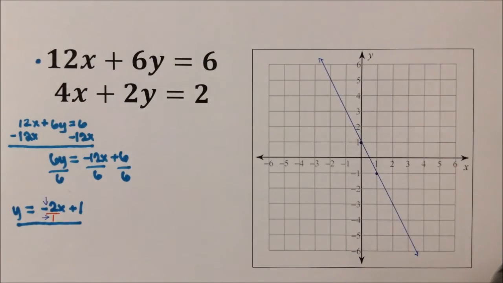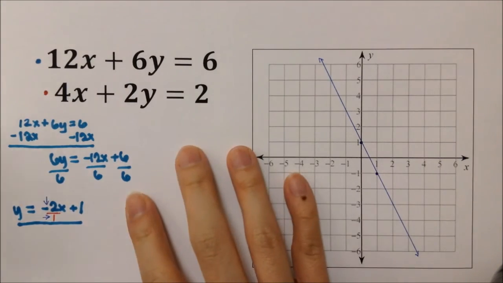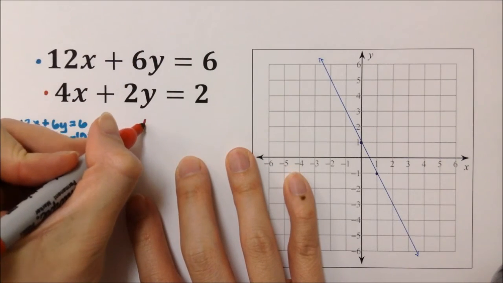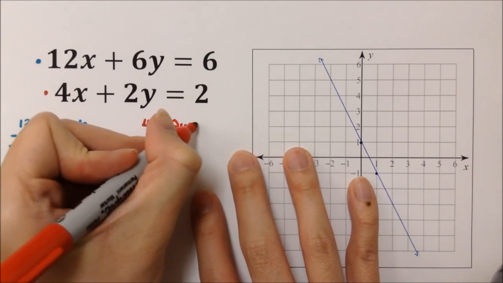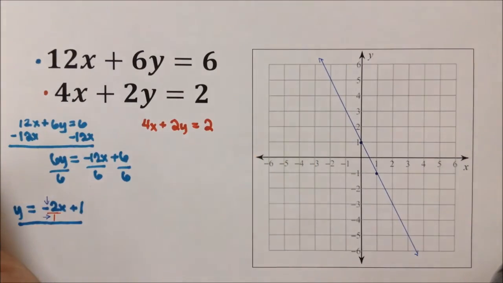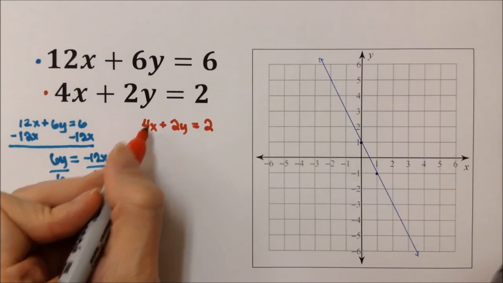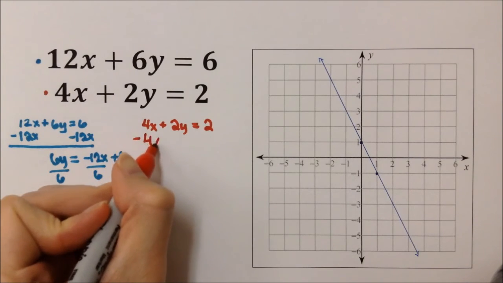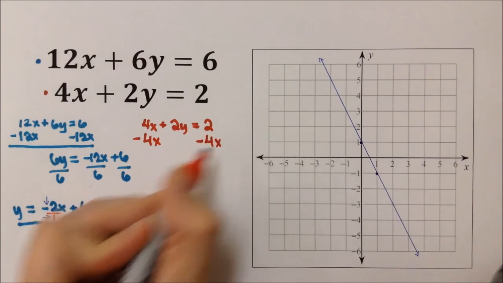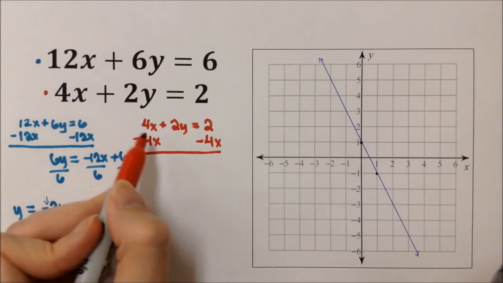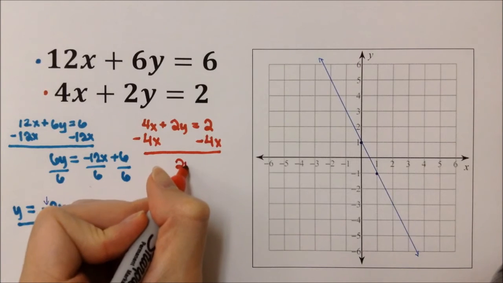Alright, now the second one, 4x plus 2y equals 2. If I want to get the 2y by itself, I need to cancel out the 4x, so the opposite of 4x is minus 4x. Subtract 4x on the left, I have to subtract 4x on the right. So the x will cancel out, and on the left side will be just 2y.